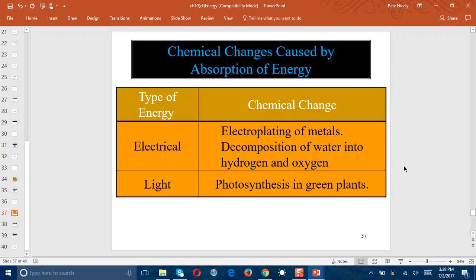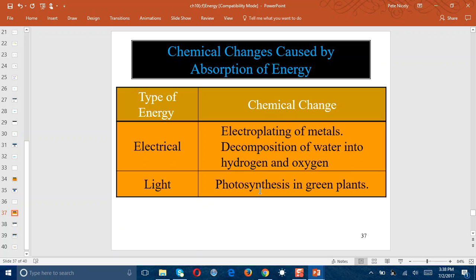Now you have some other examples of reactions where energy is absorbed. For example, in the electroplating of metals or the decomposition of water into hydrogen and oxygen. In those two examples, basically electrical energy is needed in order for these reactions or changes to take place. And then finally here, we have photosynthesis, where carbon dioxide and water are used to form starch.